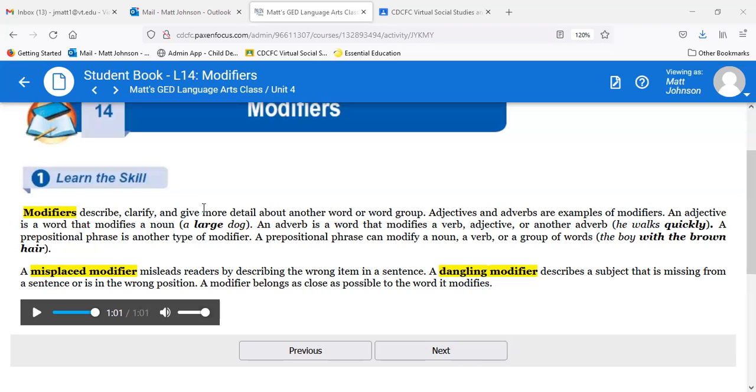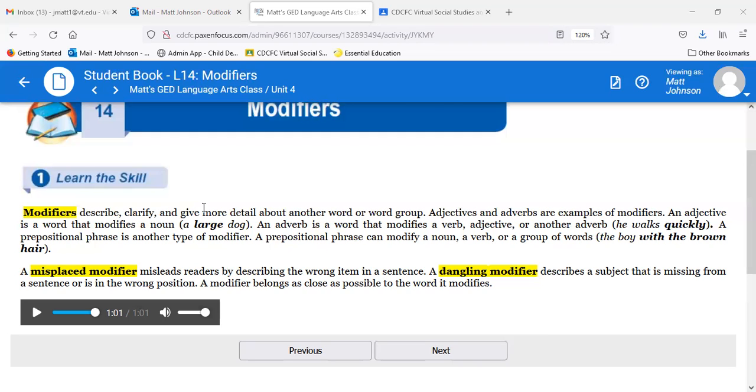So adjectives, right? We talked about adjectives being words that modify and describe a noun. Adverbs are words that describe and modify a verb. And then prepositional phrases, what you think about a lot of times is that they give something a location, at, in, or place it in time, or add something like in this case, with the brown hair.